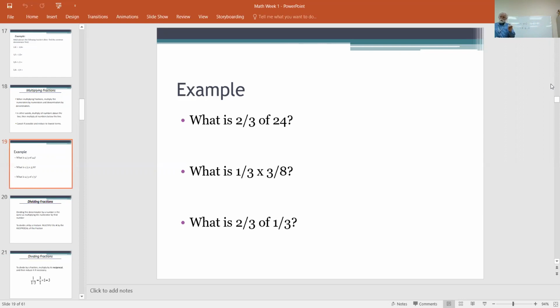Remember that an integer is an implied fraction with a denominator of 1. So 2/3 of 50 is the same as 2/3 times 50 over 1, which is 100 over 3. Right? So we want to remember those basic principles.